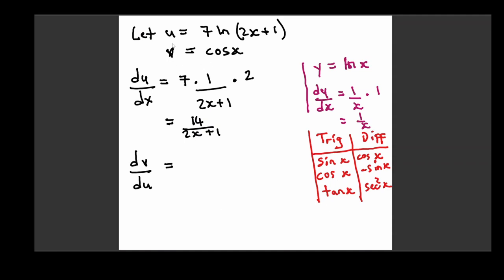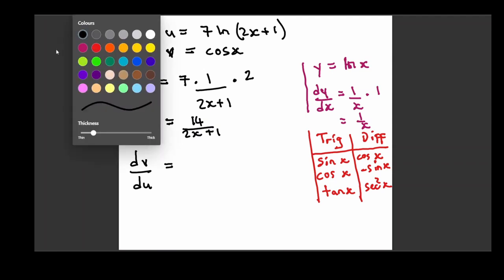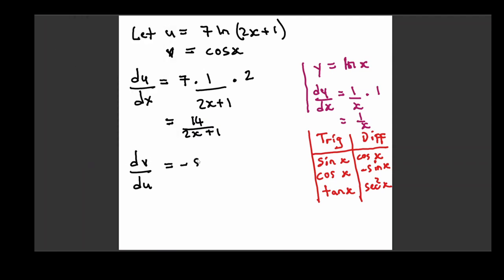What then is the derivative of v when v is cos x? The derivative of cos x, as stated here, is minus sine x. So we are just going to quote the derivative of cos x.